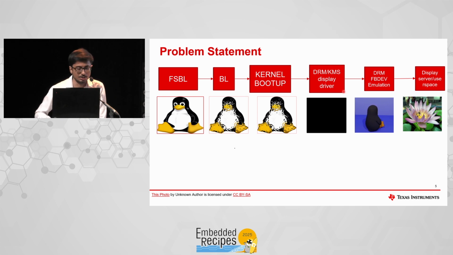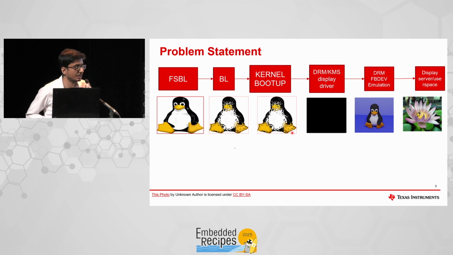Then your display driver gets loaded, and again your memory will get reset and you will see a blank screen. Then for a brief period, fbdev emulation will come up, so a service like psplash will try to display some animation, but it stays for a very short time and then transfers to Weston. So there are multiple times where the display context is lost and there is a flicker that the user sees.